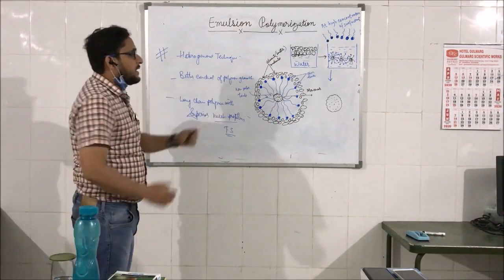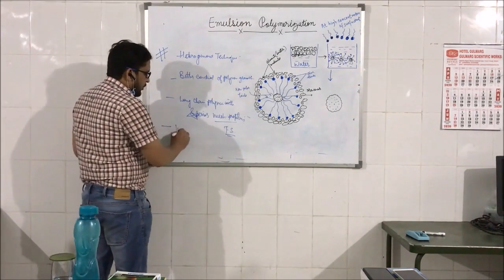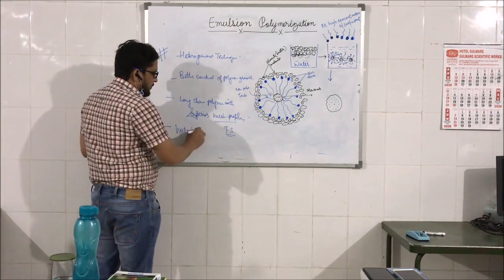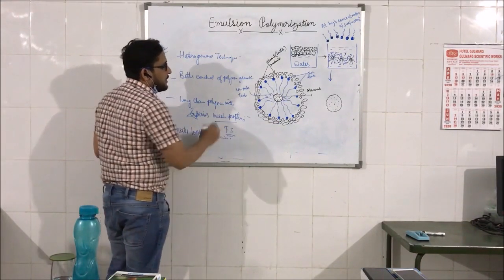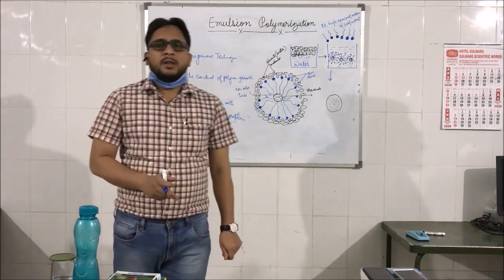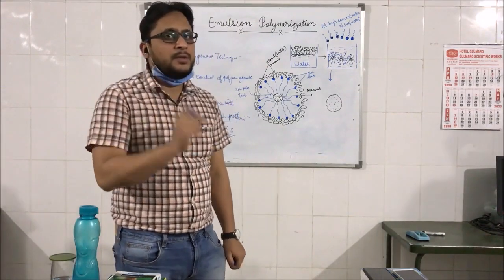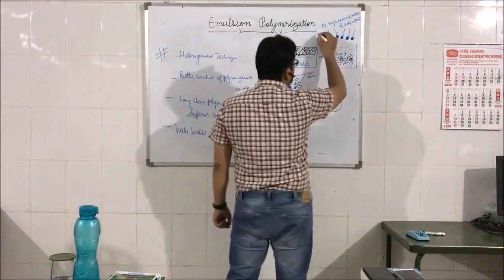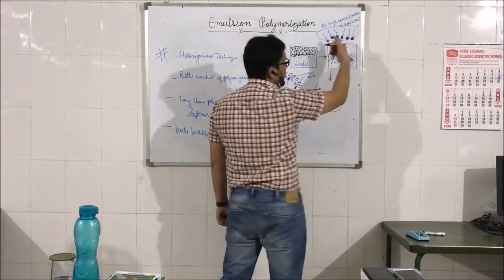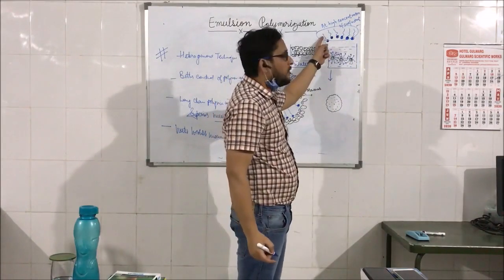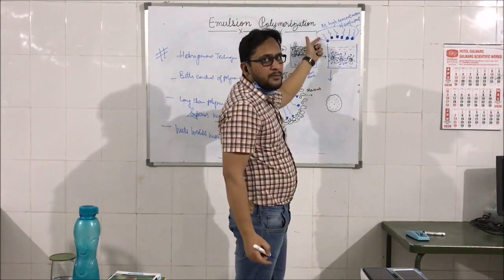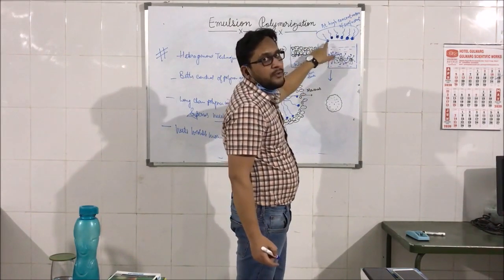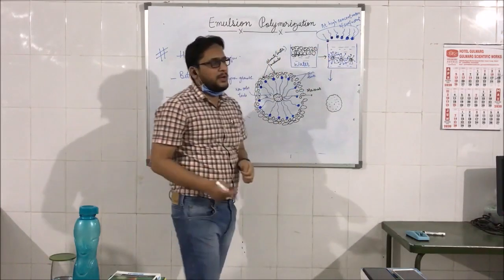Again, this technique is used for water insoluble monomer. And since the monomer is insoluble in water, here also, like in suspension polymerization, we use surfactants, which are shown here. I have already explained that they have a polar head and a non-polar tail. This non-polar tail is hydrophobic, made up of hydrocarbon, and this is the hydrophilic head, made up of some polar group.